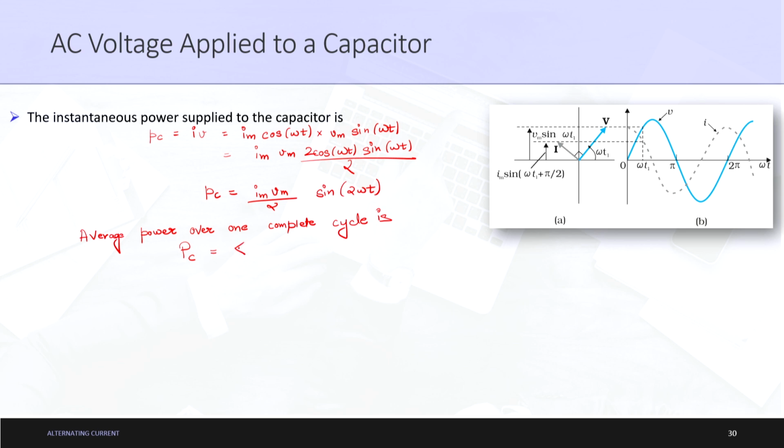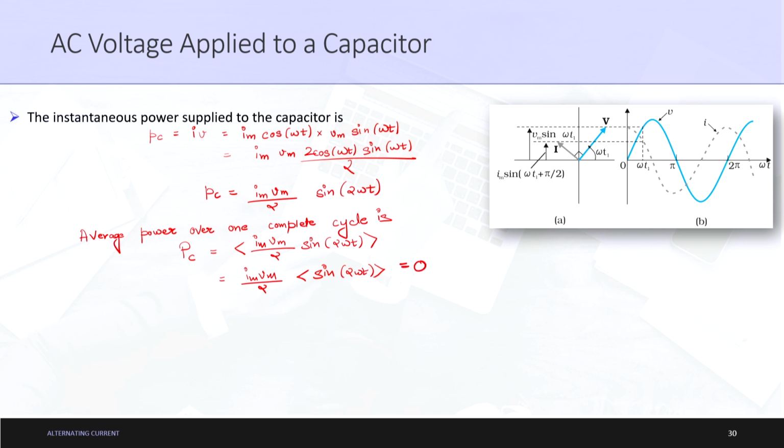It is equal to Im Vm by 2 into the average of sin 2 omega t. As all other things are constant, we can take them out of the brackets, and we are left with sin 2 omega t. We know that sin or cos of n omega t over a complete cycle is always 0, and therefore the average power is equal to 0.